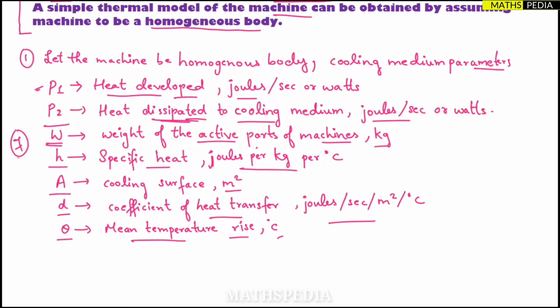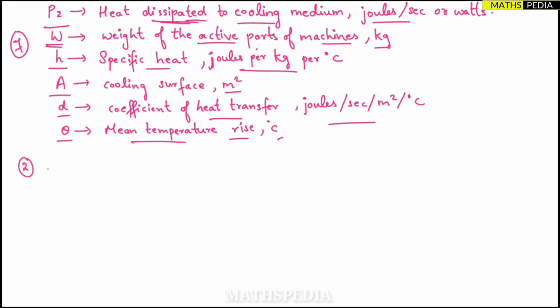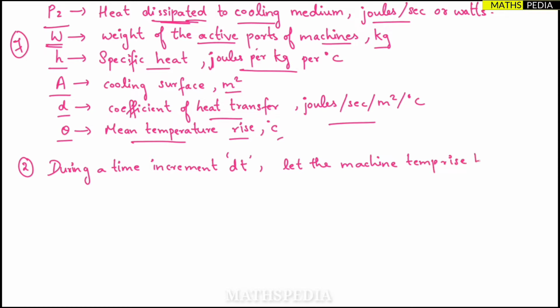Next, what we are going to do now, the second step, is that during a time increment, that is dt, let the machine temperature rise be d theta.